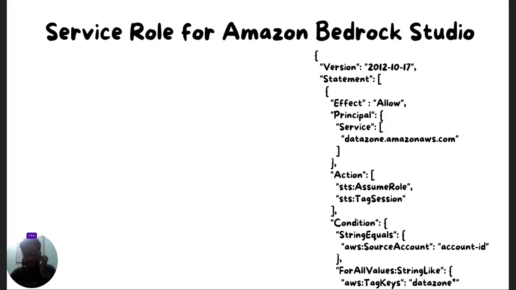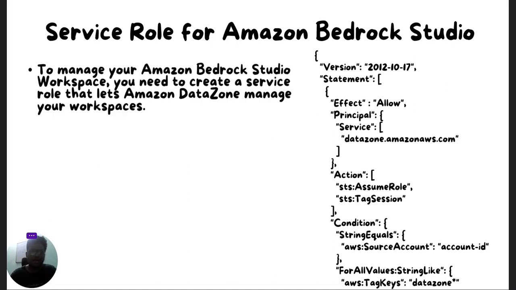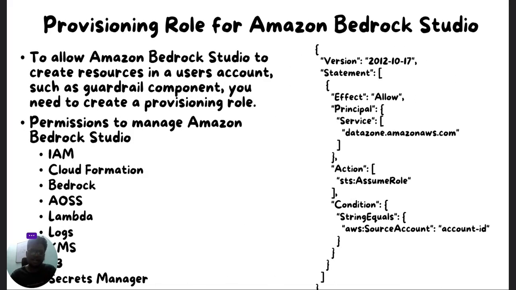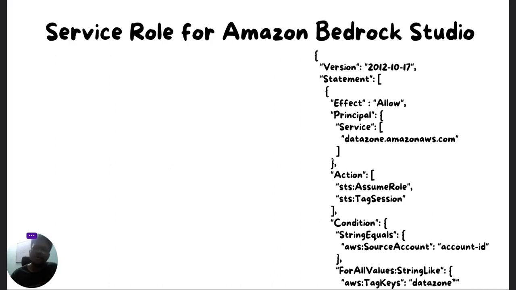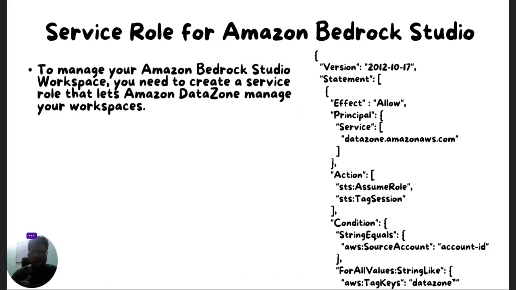And now let's talk about the service role. I'll go to the next slide for what the provisioning role is about too. So what is the service role all about? The service role is all about managing your Amazon Bedrock Studio Workspace. As I said, there is a relationship between the Amazon Bedrock Studio Workspace and the Amazon DataZone service too.